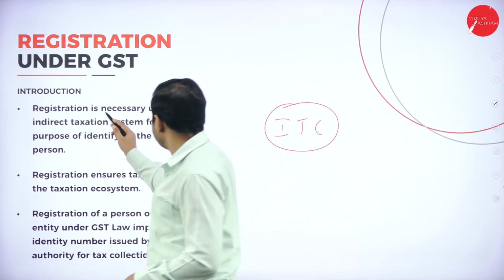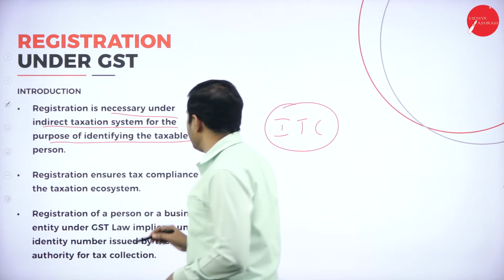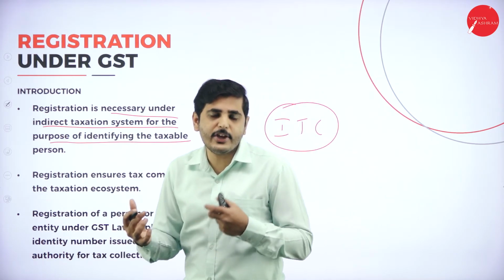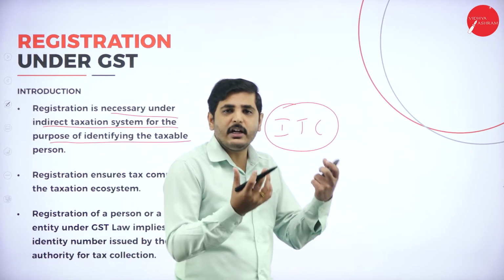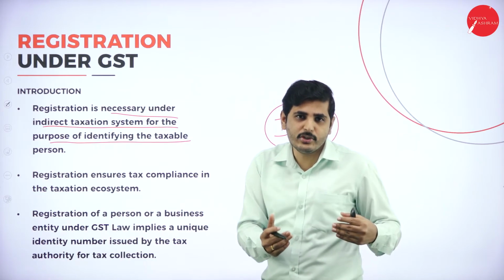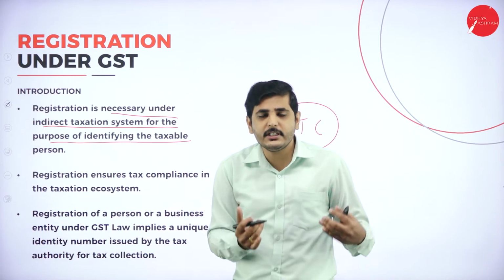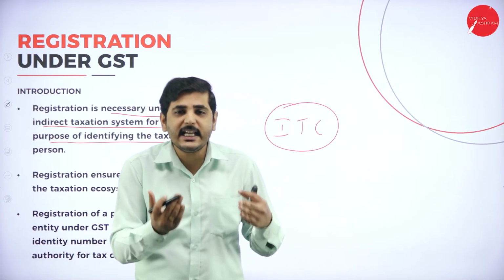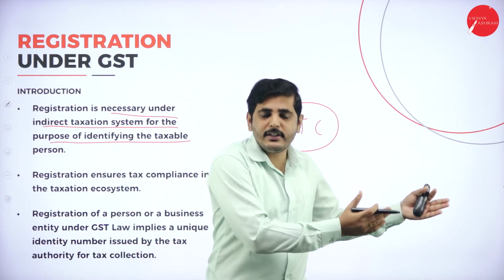Registration is necessary under the indirect tax system for the purpose of identifying the taxable person. The tax authority has to identify who the registered person is, and also get all the information: how much raw material he has used, how much machinery he has purchased to produce that particular product, and how much tax credit is available after the finished product is done.